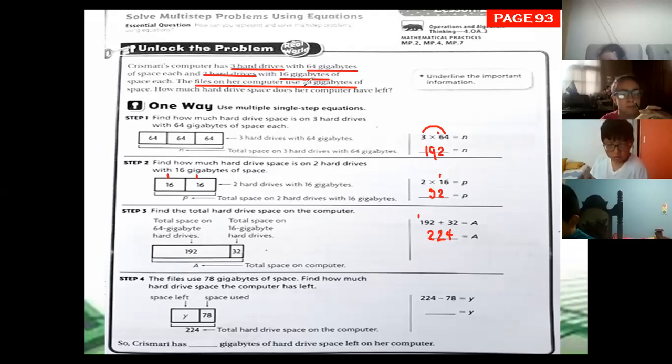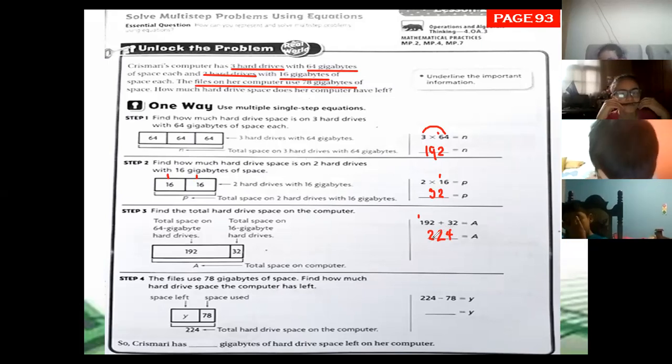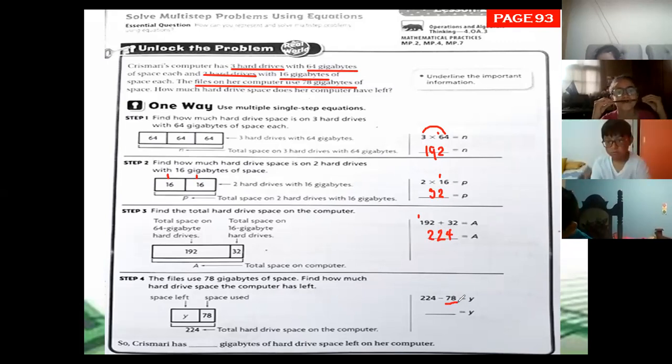She has used 78 gigabytes. So now I'm going to subtract 224 minus 78. Remember, the 78 is the space that I already use in the computer, the gigabytes that I already use.